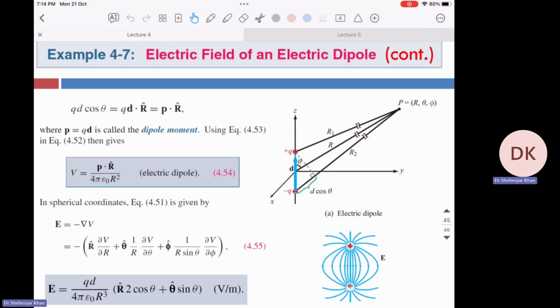So you can see a simple charge. Right? It's a dipole due to a single charge, and then there are more charges.